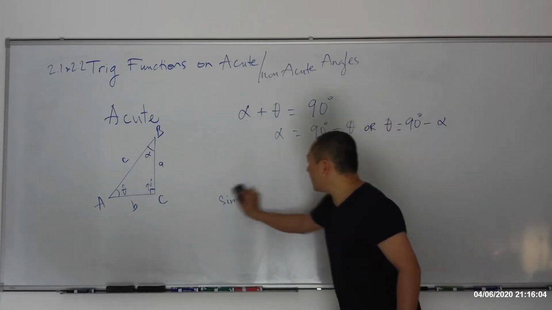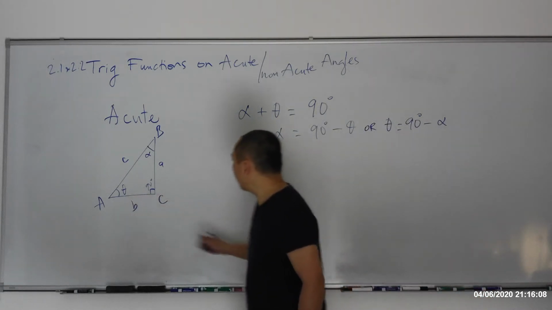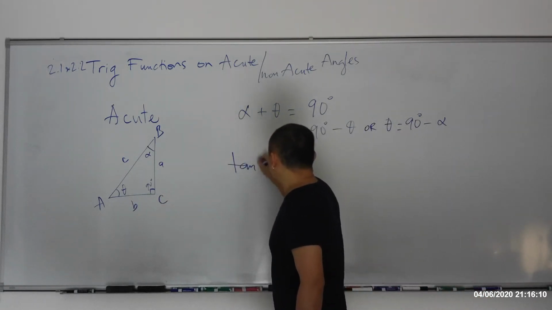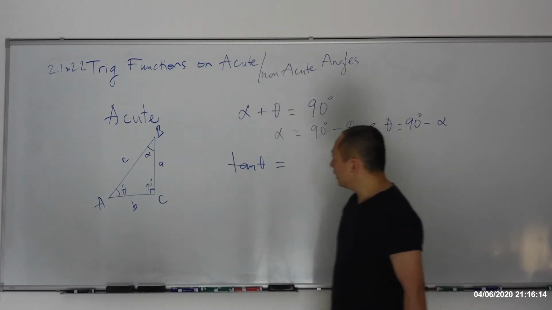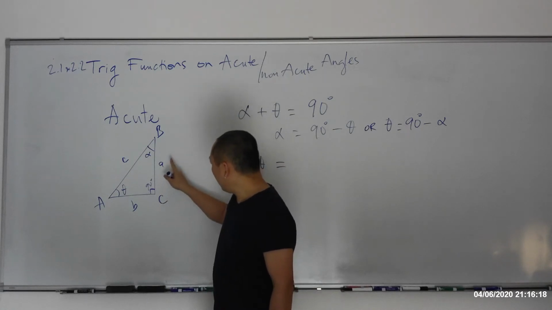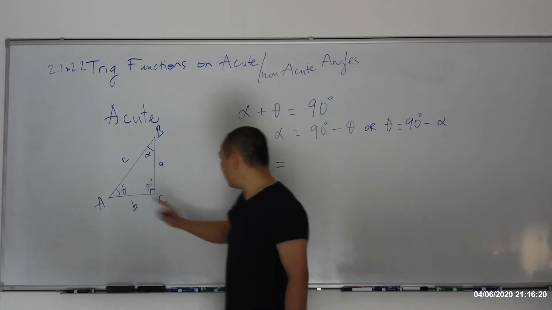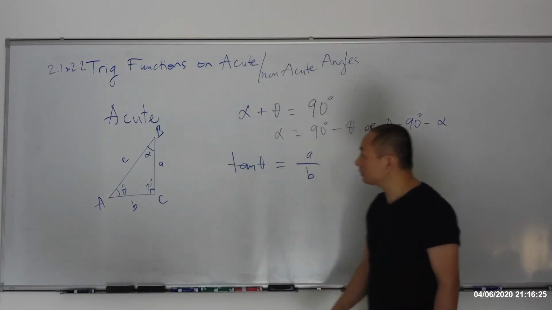What about tangent and cotangent? Let's talk about tangent of theta. Tangent of theta, as we learned before, in the right triangle, tangent is opposite over adjacent, so a over b. Okay?